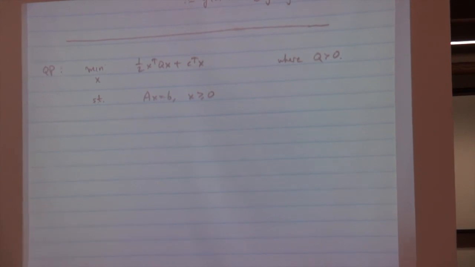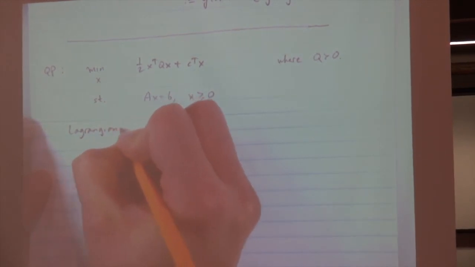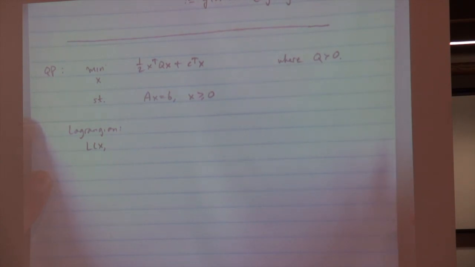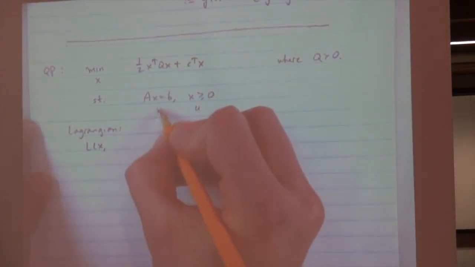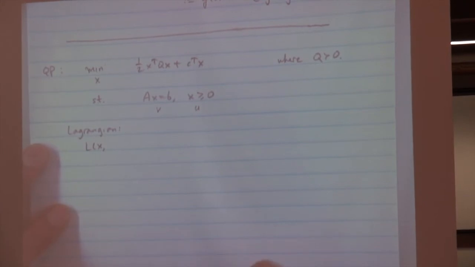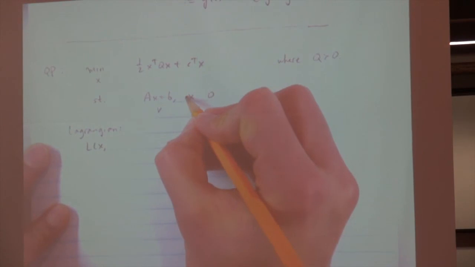So what we saw for LPs was that the dual function of an LP was also linear. We're going to see if the same thing holds for a quadratic. So let's form the Lagrangian, which is the first step. We're going to call u the dual variable for that set of inequalities, and v the dual variable for this set of equalities. I'm going to rewrite this so that it looks like minus x is less than or equal to 0, just so it matches our canonical form.